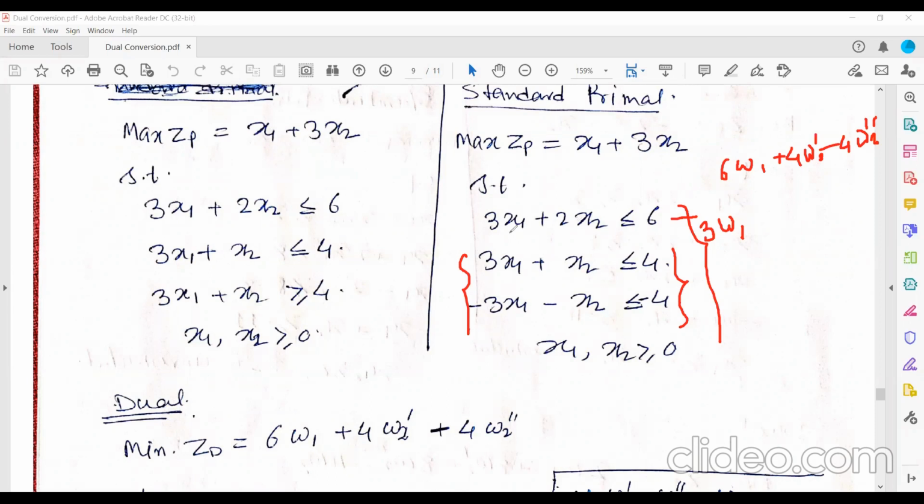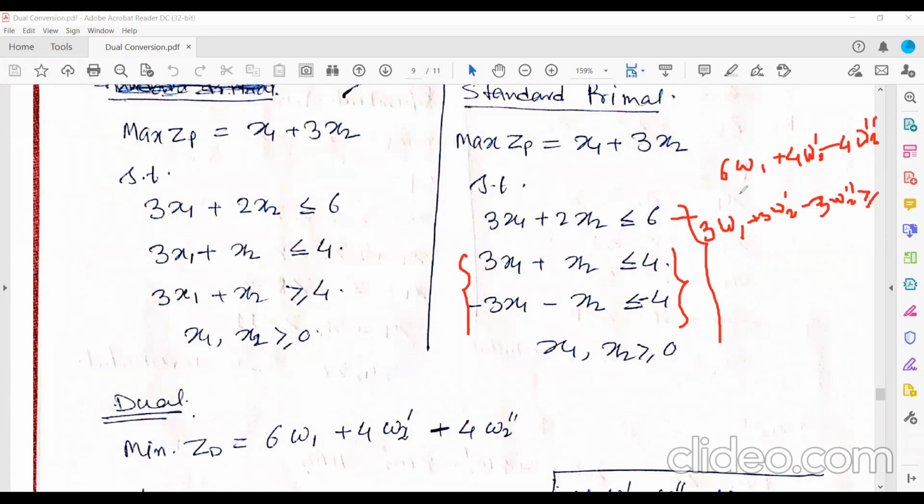So it will be 3W1 + 3W2 dash - 3W2 double dash.